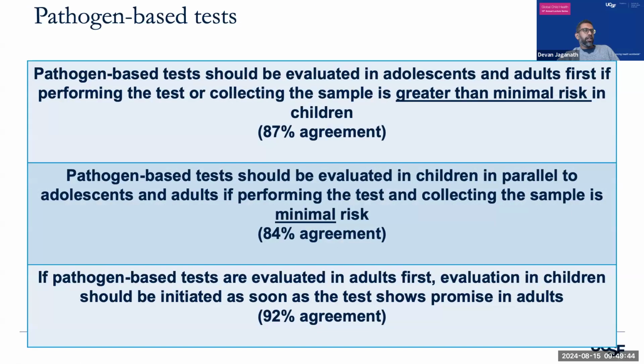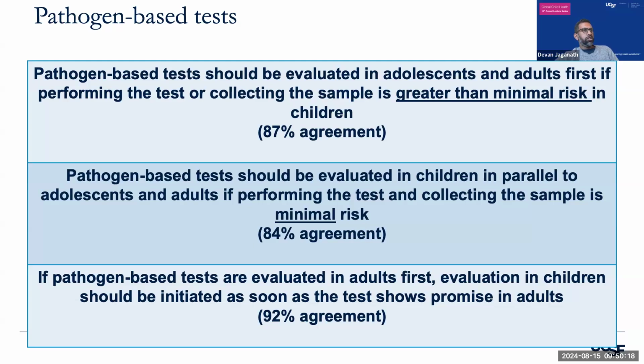In terms of thinking about the test type, so for pathogen-based tests, again, trying to just detect the bacteria, we had really a range of responses about whether to include children in parallel to adolescents and adults or do it sequentially, because again, similar to the early optimization, people just said, does it really matter whether it's a child or an adult, we're just trying to detect it. Other people made the point that that's what creates delays if we don't have that data.